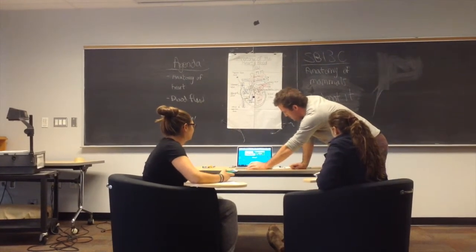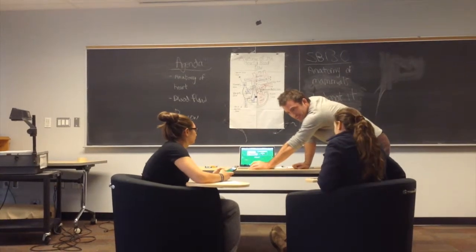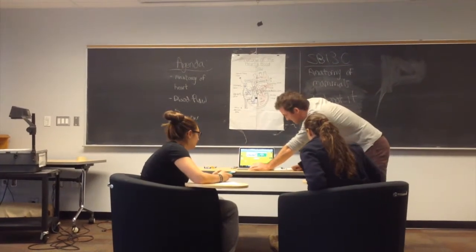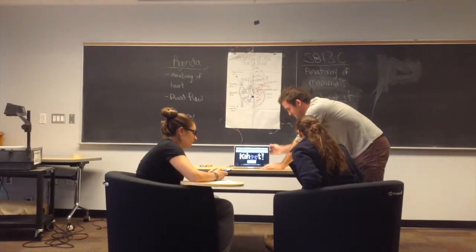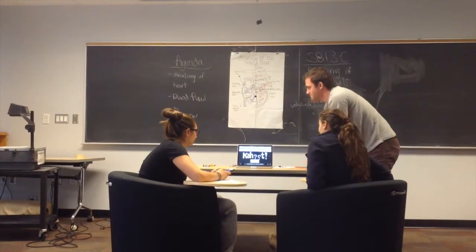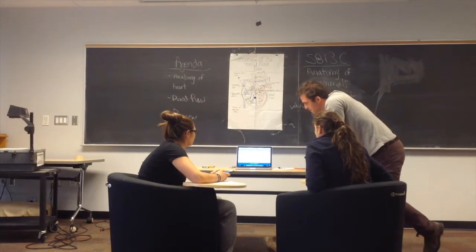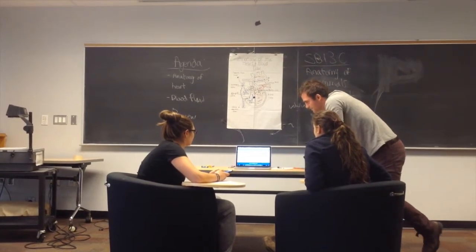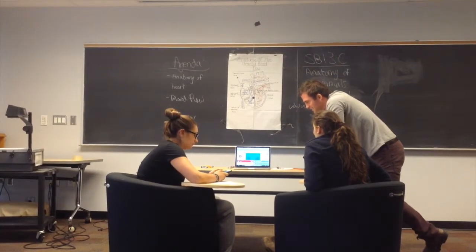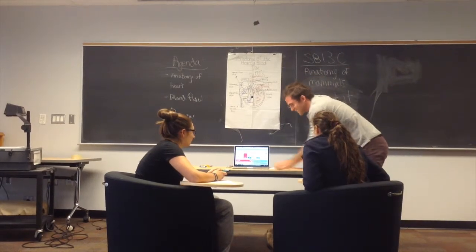Okay, so what's going to happen is questions are going to pop up on the screen and you're going to respond on your cell phones. Alright. I'm ready. This vessel pumps oxygenated blood to the rest of the body. Aorta. Well done.